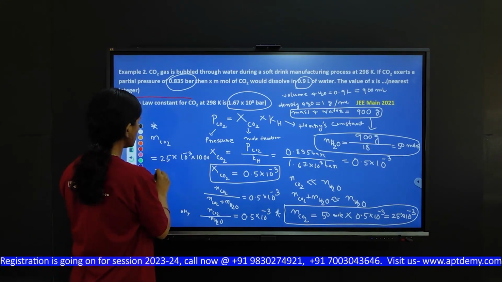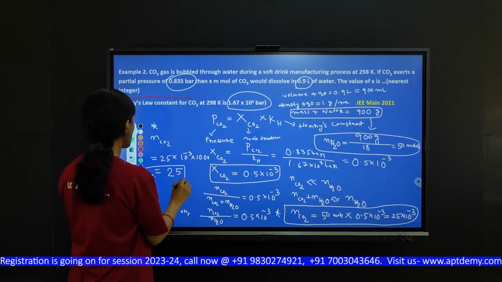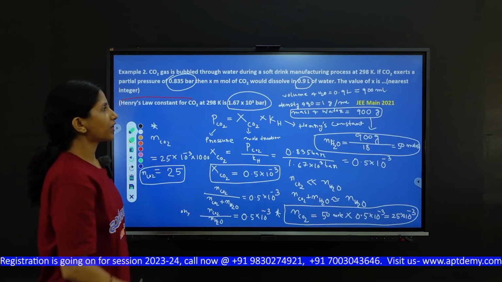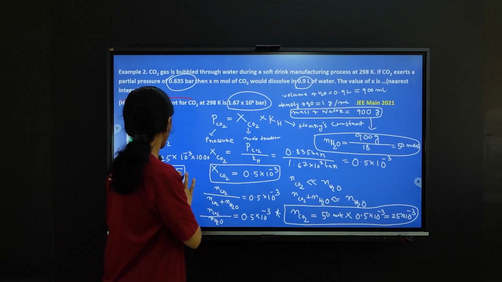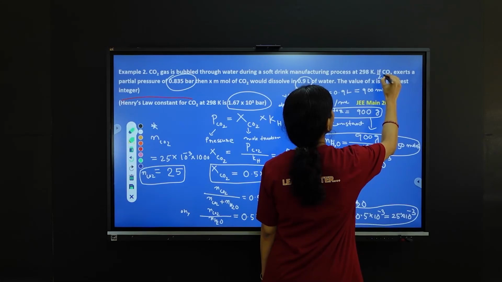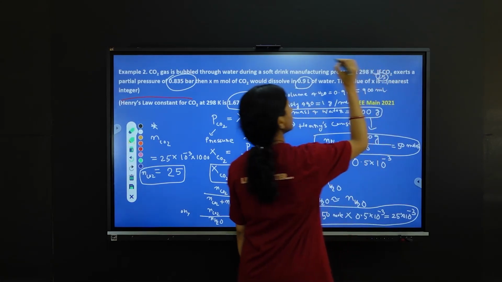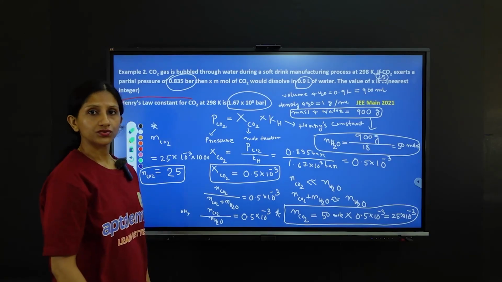So if you calculate, you will get 25. So this is your NCO2 in millimoles. So 25 millimoles is the answer of this question. So your X in millimole is 25.